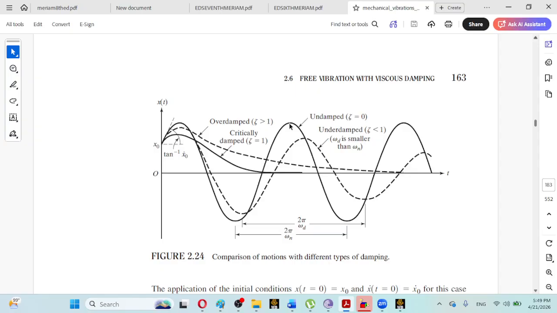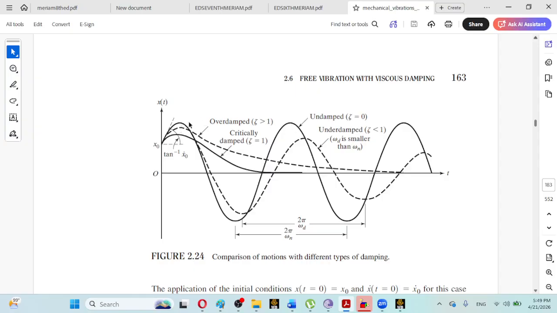The wavelength for the natural oscillation is smaller compared to the wavelength for the damped oscillations, because here the wavelength for the underdamped case is from this point to this point, but here it is from this point to this point.